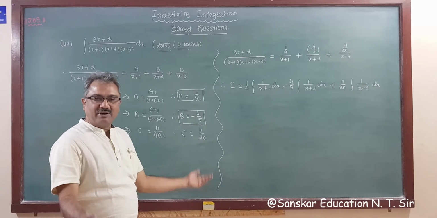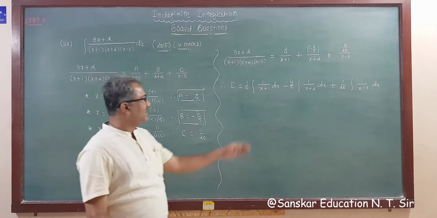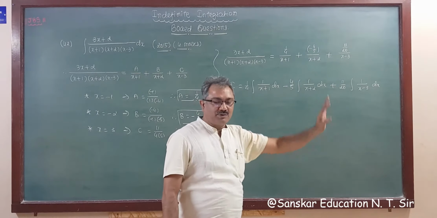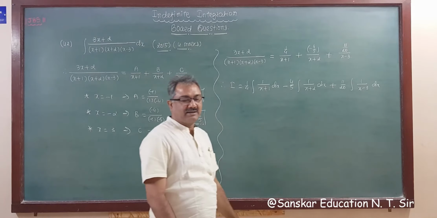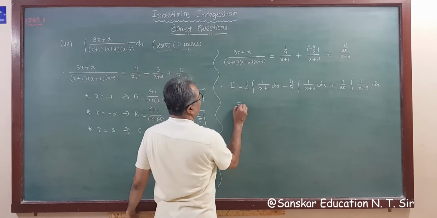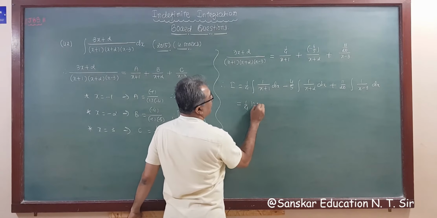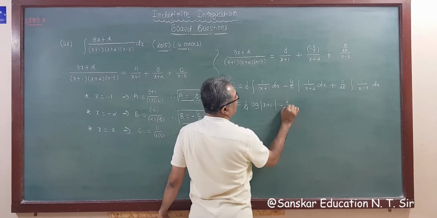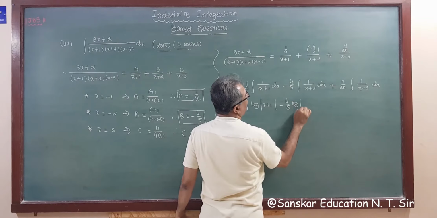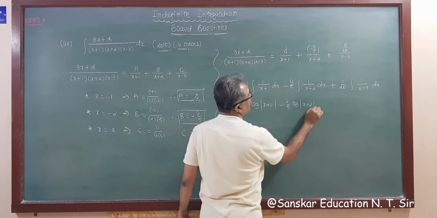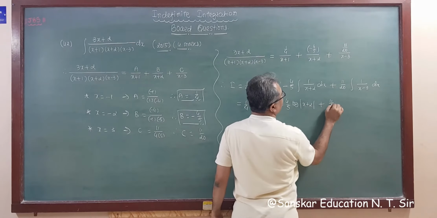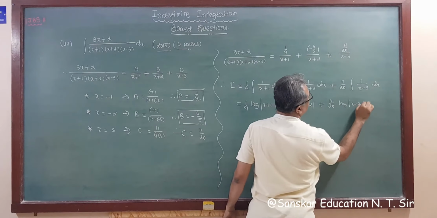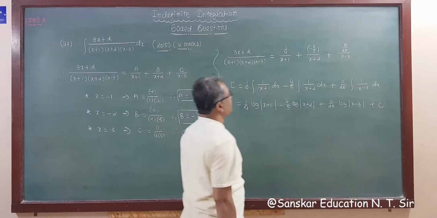Now you are very familiar: the derivative of the denominator is in the numerator. So we get 1/4 log|x + 1| − 4/5 log|x + 2| + 11/20 log|x − 3| + c, and this is your answer.